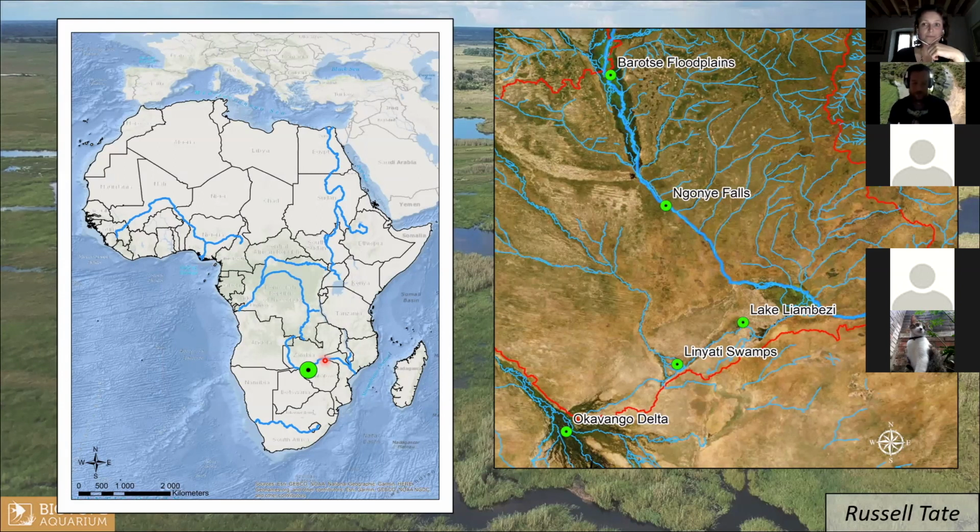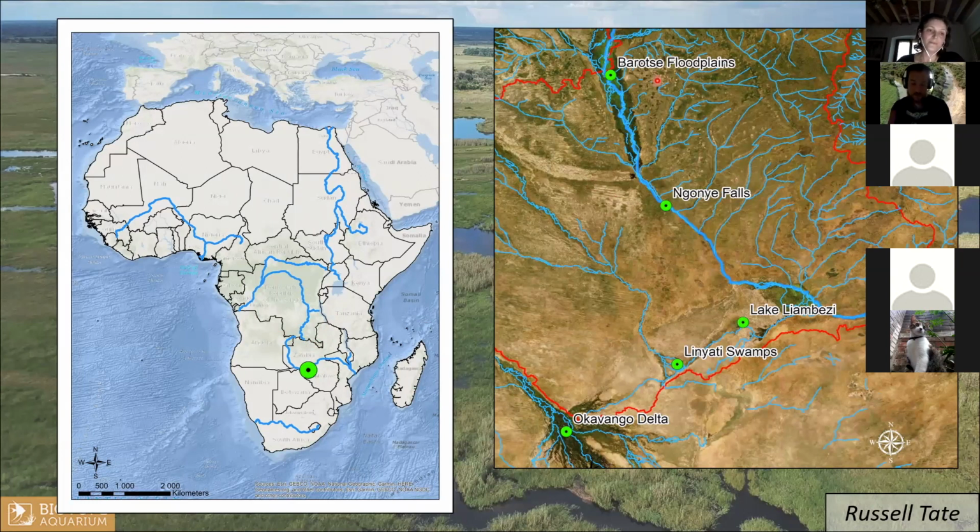So essentially we're in Southern Africa, and we're in the upper Zambezi, which is the area upstream of the Zambezi. So essentially this is the area upstream of the Victoria Falls, all the way up to the Zambian and Angolan highlands.